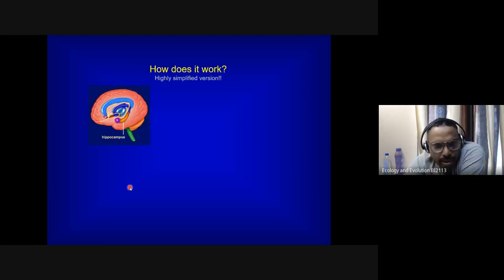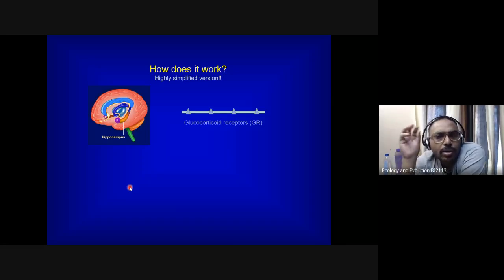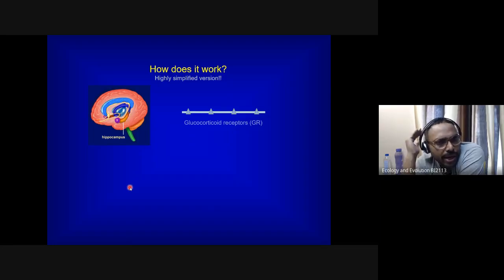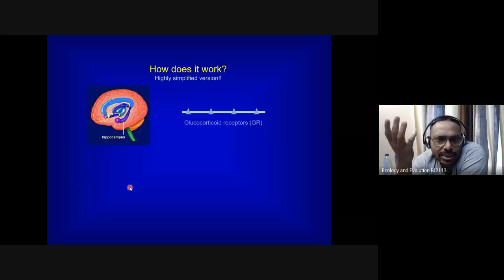So in the brain you have a region called the hippocampus. Okay, now in this hippocampus region you have certain proteins called glucocorticoid receptors, which are found on the surface of the brain. Okay, now typically whenever a mammal gets anxious, then what happens?